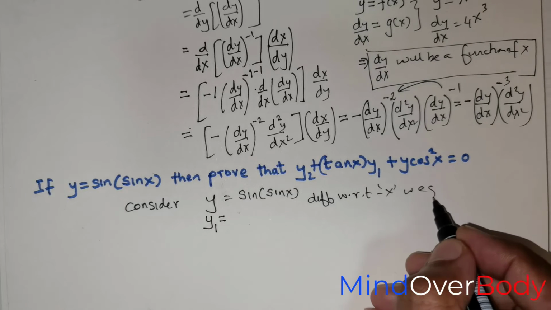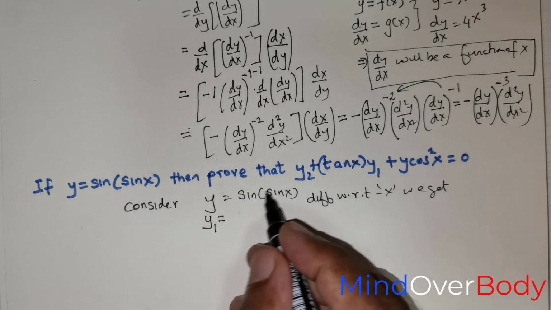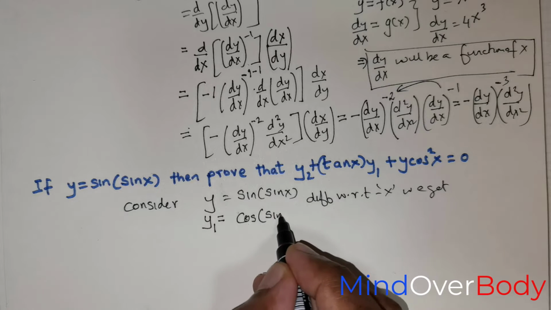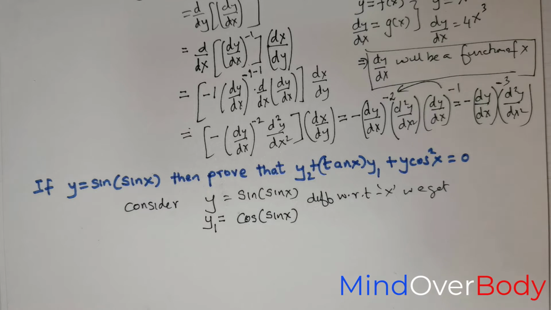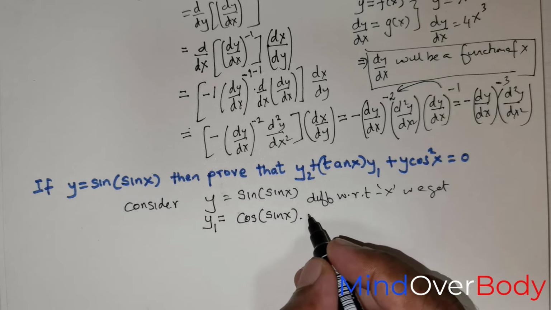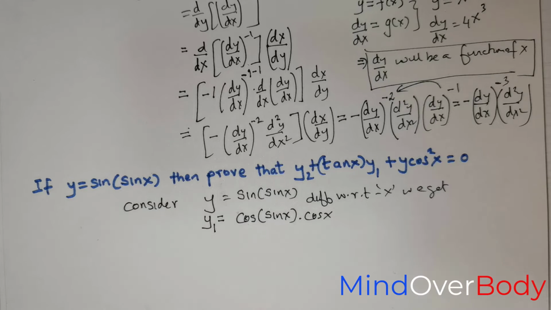So y1, differentiating this with respect to x, we get cos of sine x times the differentiation of sine x, which would give us cos x. So this is what you have got.